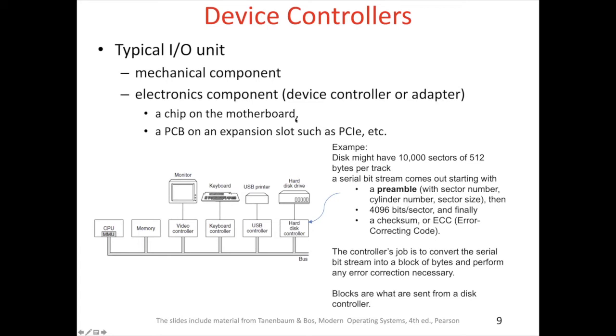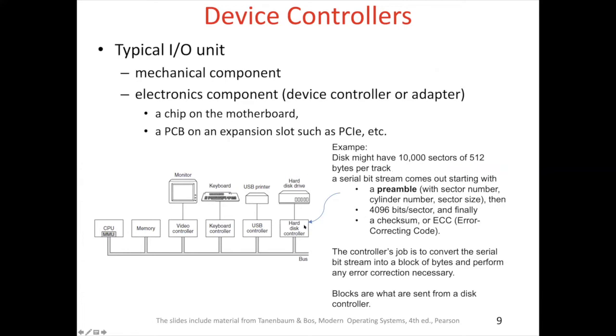A typical input-output unit may have a mechanical component and an electronic component. The device controller or adapter is a chip on the motherboard, or a PCB on an expansion slot such as PCIe. For example, a hard disk might have 10,000 sectors of 512 bytes per track.